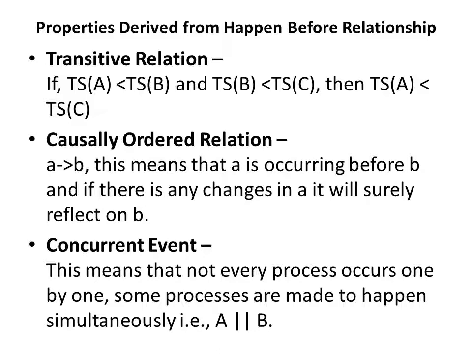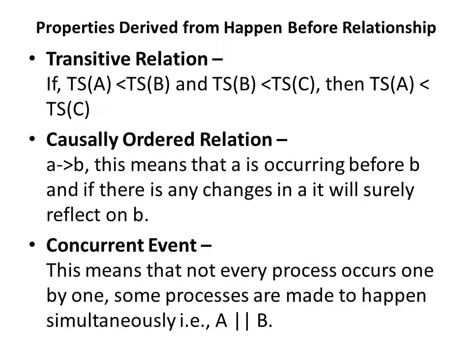A implies B. This means that A is occurring before B. So A is the process occurring before B, and if there are any changes in A, it will definitely reflect on B. This is the causally ordered relation.